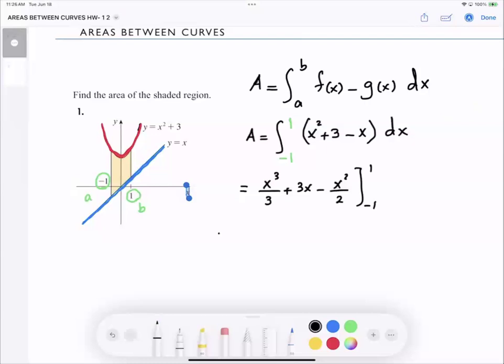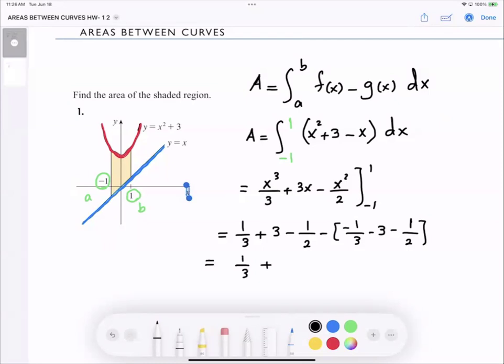So let us plug in 1, and then -1: a third plus 3 minus a half, minus negative a third, minus 3 minus a half. So you basically have a third.